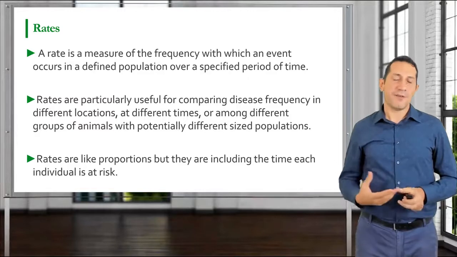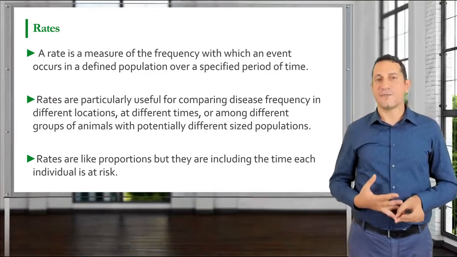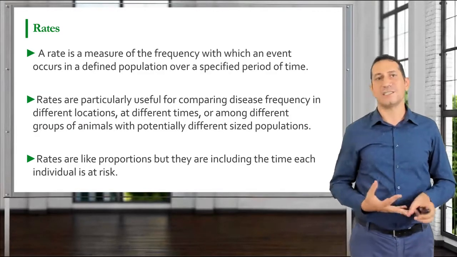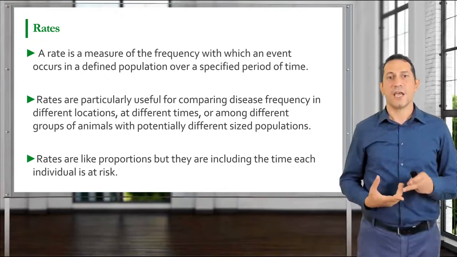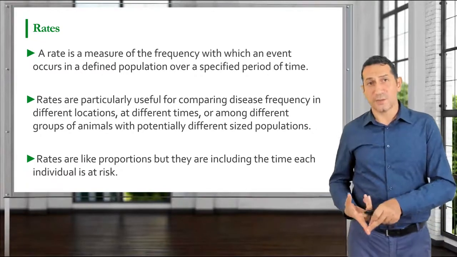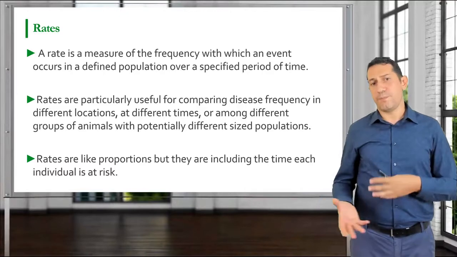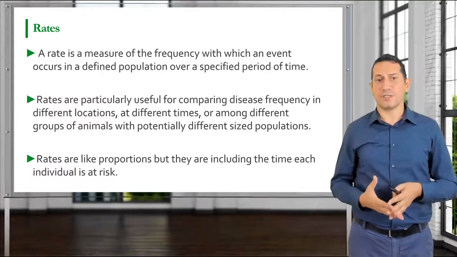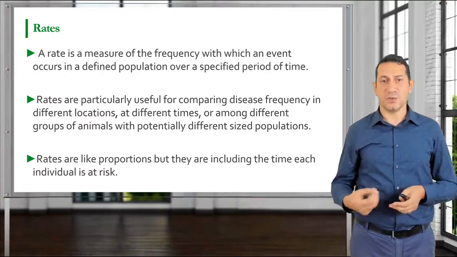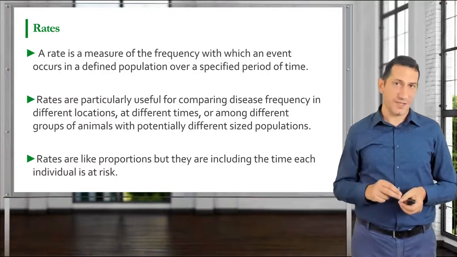They are very useful in comparing disease frequencies in different locations, in different populations, and in populations with different sizes, being like the proportions, but they, as we said, include the time each of the individuals is at risk.